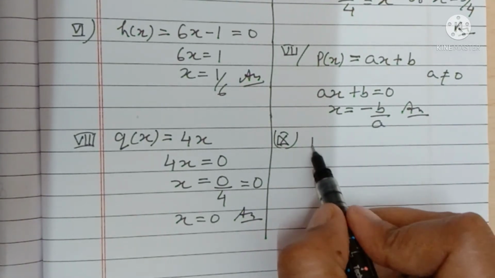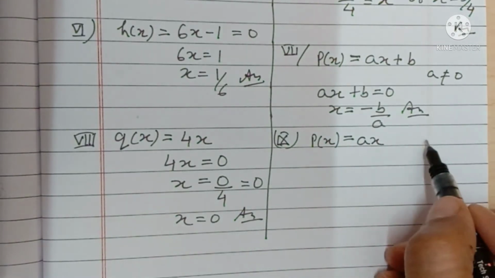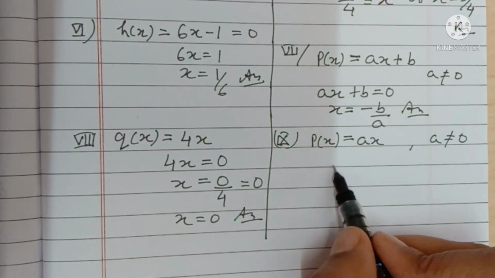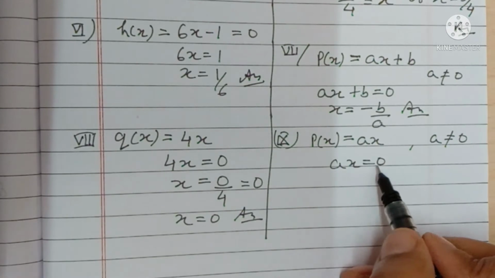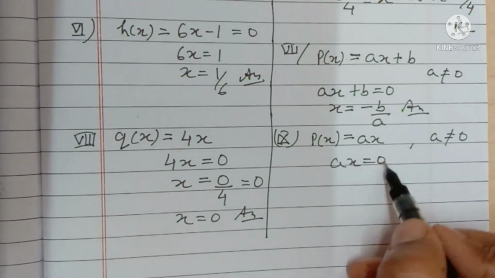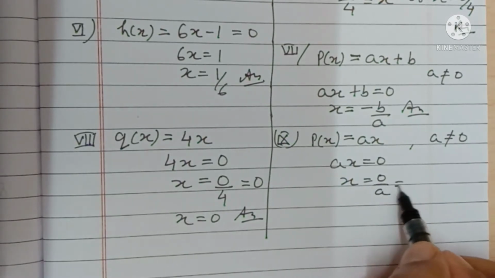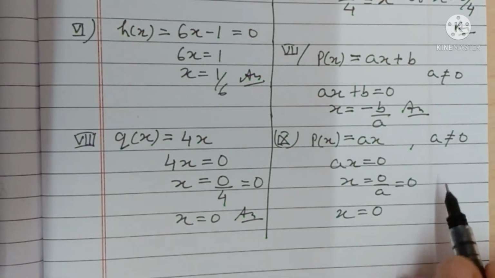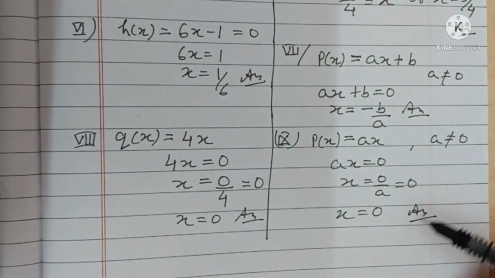Px is equal to ax, where a is not equal to 0. Now ax is equal to 0 to find the 0 of the polynomial. So x is equal to 0 upon a means 0. So x is equal to 0. So these are very easy questions to find the 0 of the polynomial.